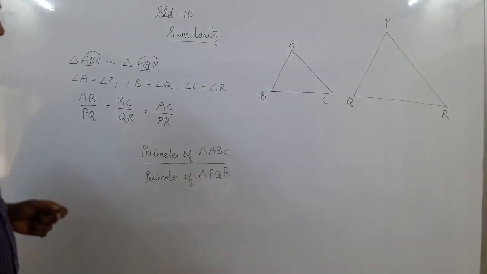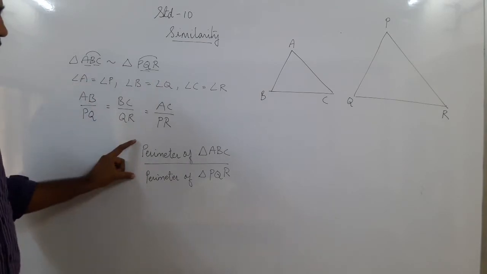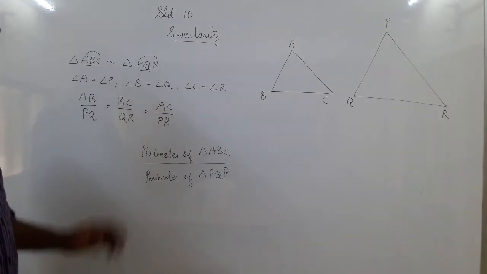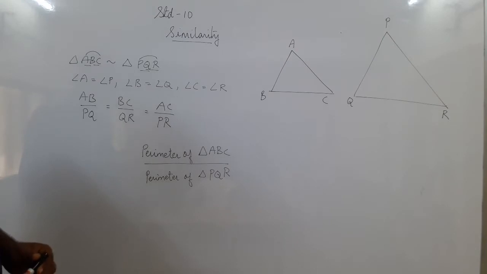So today's quest is, we know the sides are in equal ratio, and we want to find the ratio of the perimeters of ABC and PQR. So we want to compare this ratio with this ratio and see what we get.